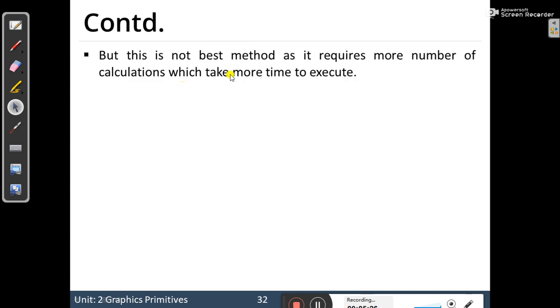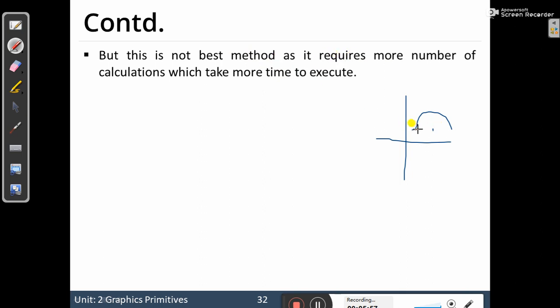But this is not the best method, as it requires a large number of calculations which take more time to execute. If we follow it this way, suppose this is the center point and we need to draw from here to here initially, then we go for lots of calculation, and it takes lots of time.